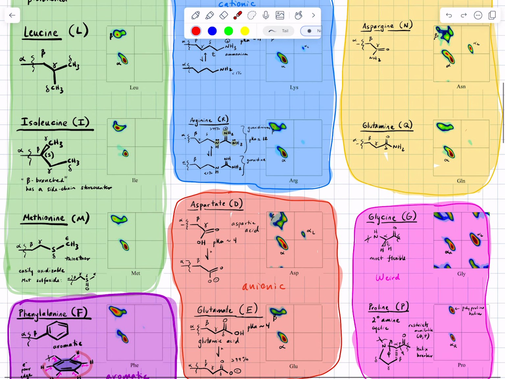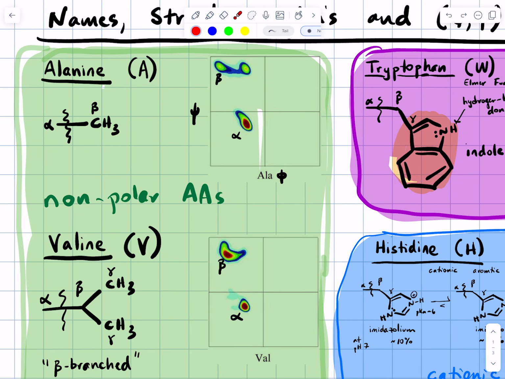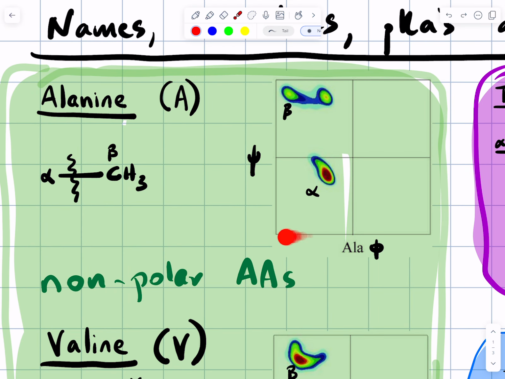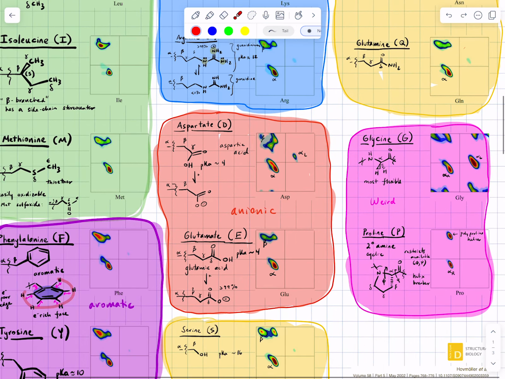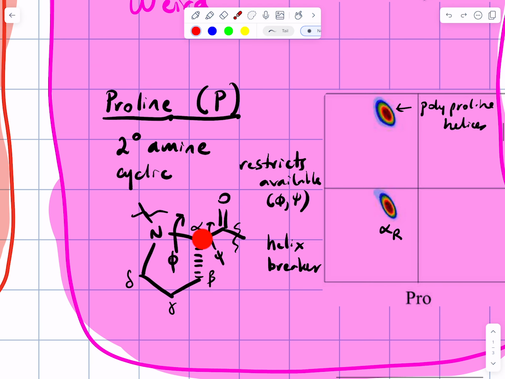Another example of side chain structure and shape is to consider alanine, where, as we've said before, phi is restricted to negative values, but psi can be both positive and negative. And phi ranges from about minus 60 to around minus 180. If you look at proline, which is kind of weird because in proline, the beta carbon is tied back onto the amide nitrogen in this 5-membered ring.